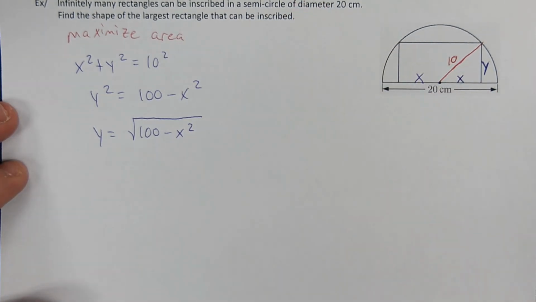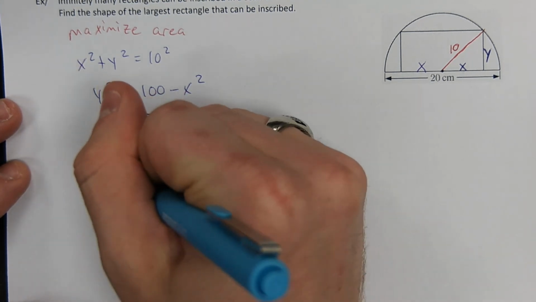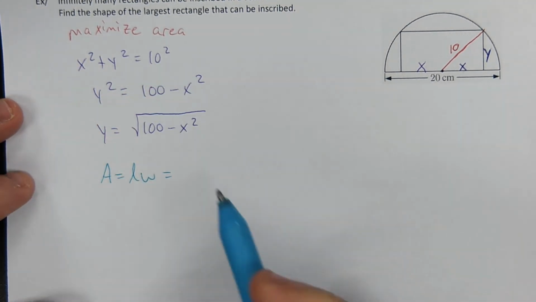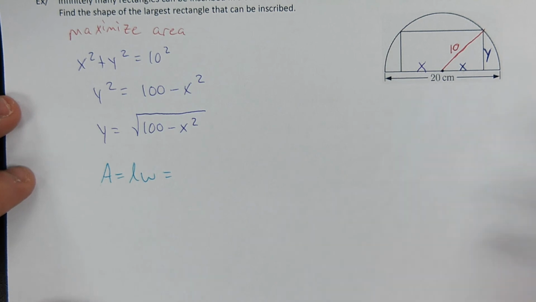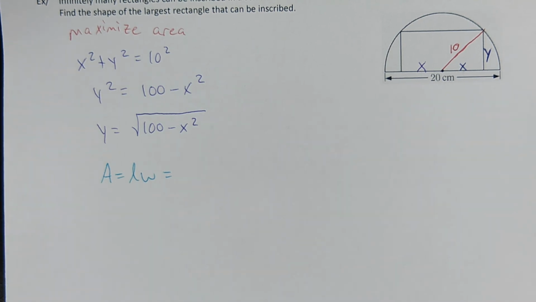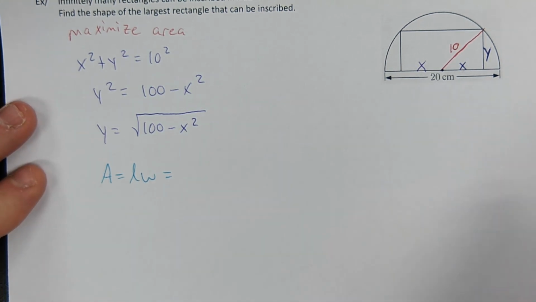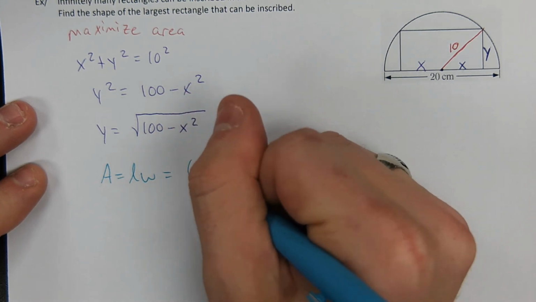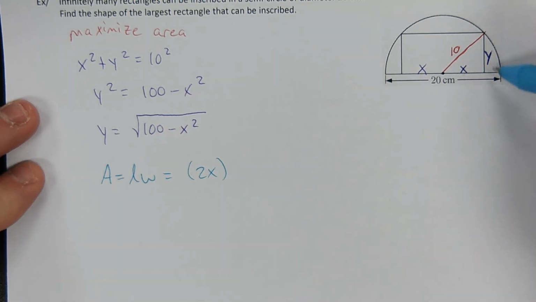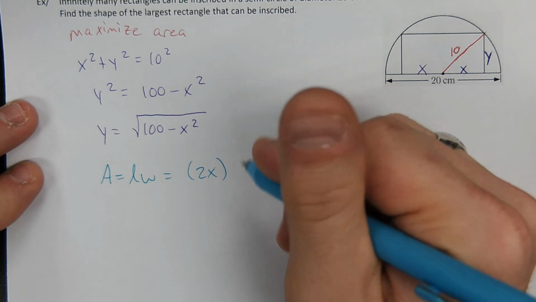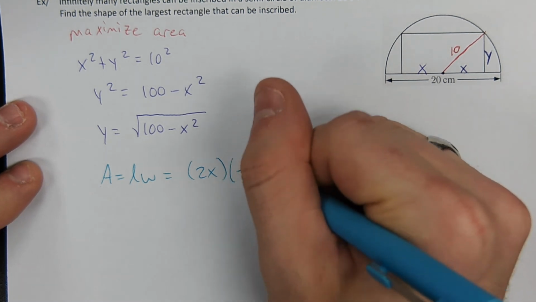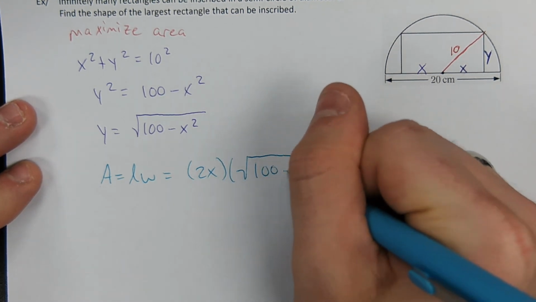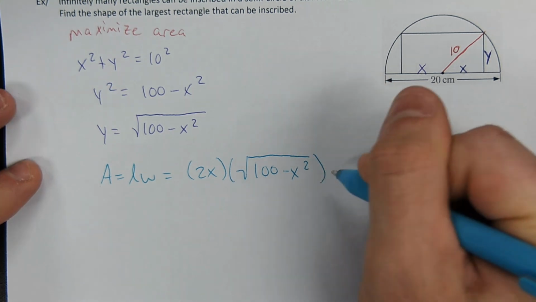Area is length times width. And our length, it doesn't matter which one is length and which one is width, I'm just going to define this as length, is 2x. And our width then would be this y value, which is the square root of 100 minus x squared.